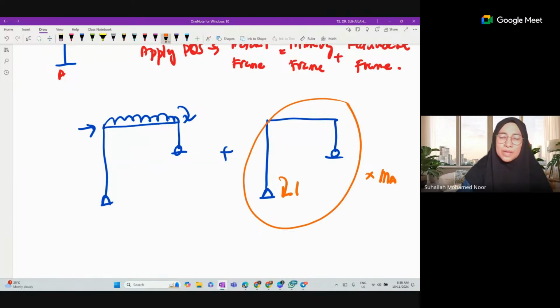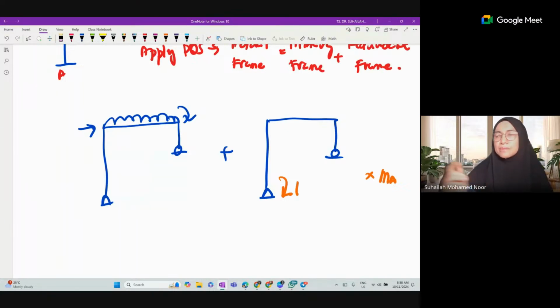So we have this. The first one is the primary frame and the second one is the redundant frame. I hope you understand how to choose the redundant, the principle of superposition, and the characteristics of the primary frame and the redundant frame.